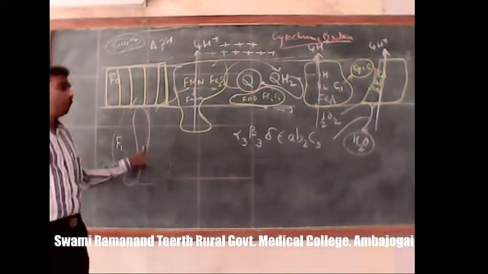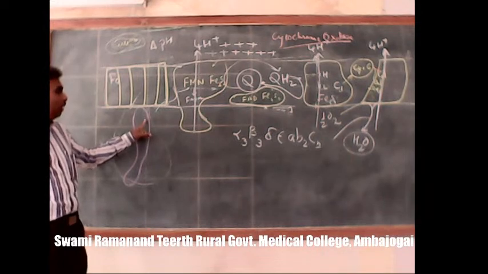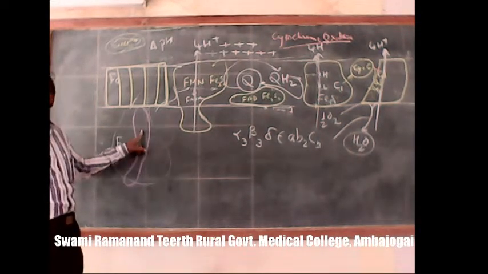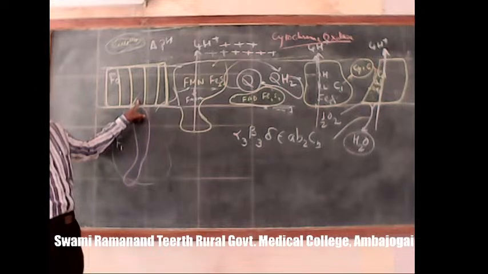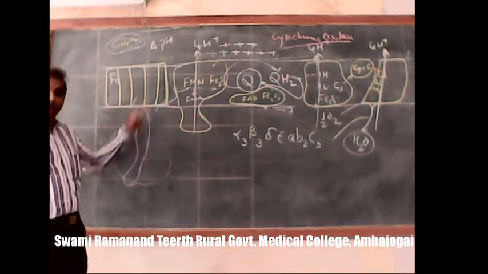So this is the gamma unit, which is attached to the C unit.